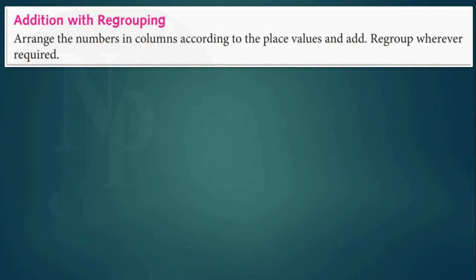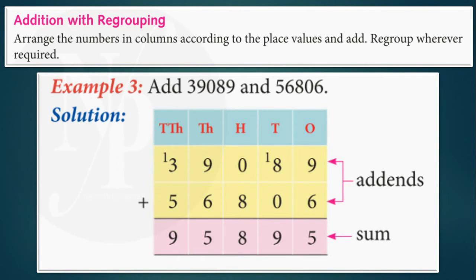Addition with regrouping. Arrange the numbers in columns according to the place values and add. Regroup wherever required. So if regrouping is required, we will regroup and add the given numbers. Example number 3. Add 39,089 and 56,806.